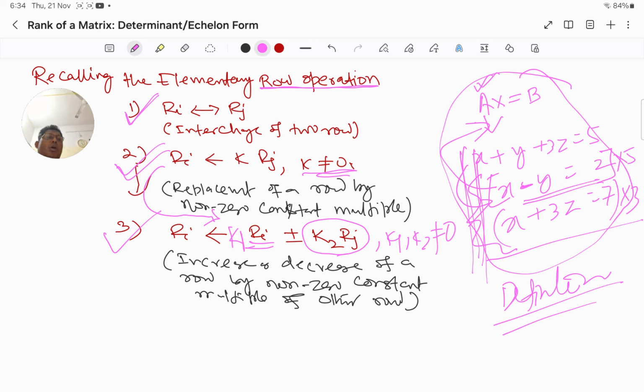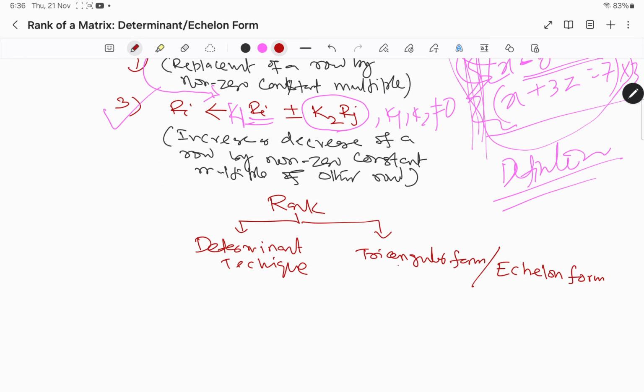So let me tell you the details of this by elementary row operations. To find the rank of the matrix, there are basically two aspects. One is the determinant technique, and it will work for lower order matrices, okay. If the matrices are of higher order, then we can use the triangular form, basically the upper triangular form, okay.